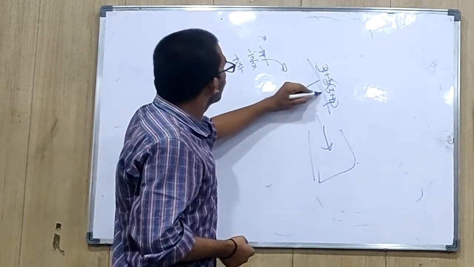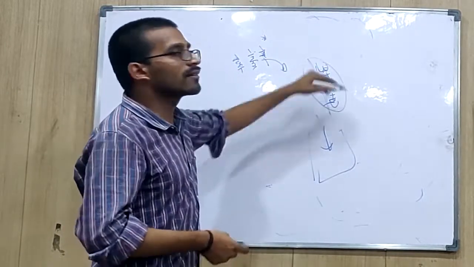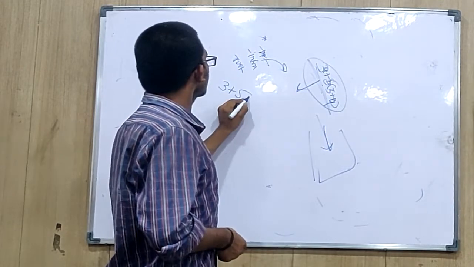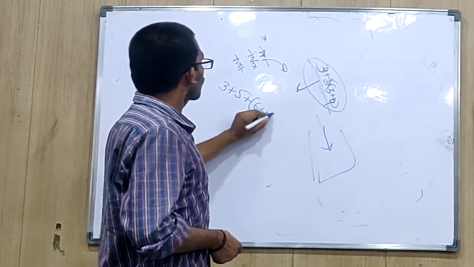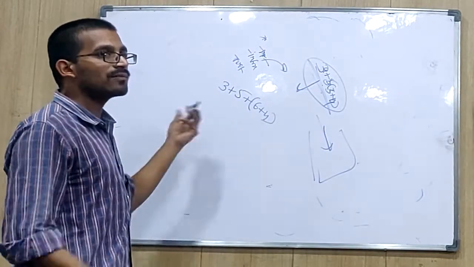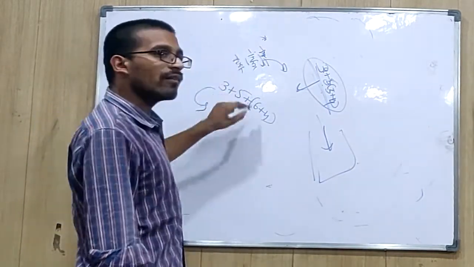It is in infix, right? What is the prefix of this expression? They will ask like that. The actual expression is 3 plus 5 plus 6 plus 4. You want to evaluate this expression. Simply we can add this, but based on that, what is the prefix of this expression?